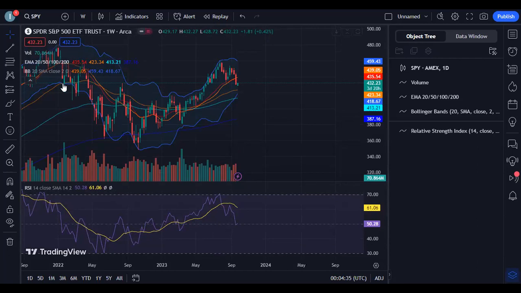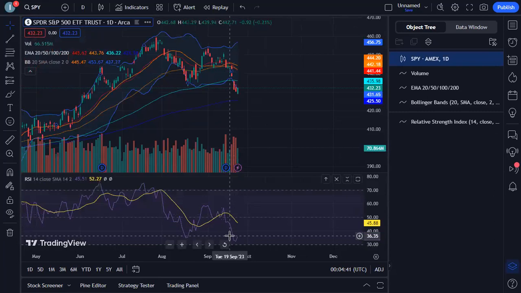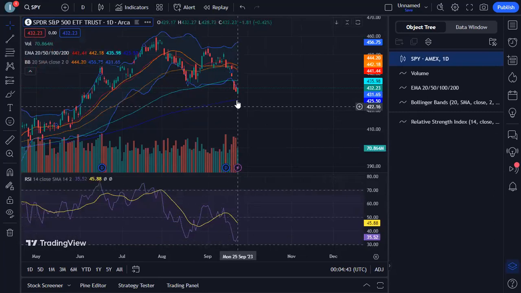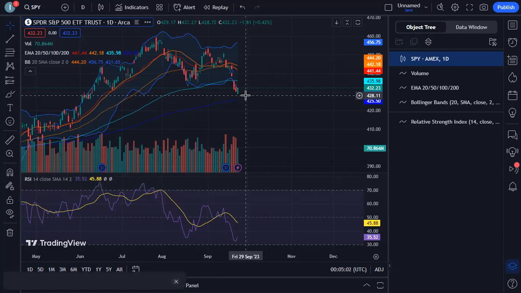So taking a look at the daily, you can see that here we actually got a little bit of an RSI bounce, which explains what's going on today. But I do think, as I mentioned, that we're going to see some more downside and continuation of our overall downtrend until we get our tighter consolidation around the low 420s, and we'll get a bounce back from that area, likely between 419 and 421, which is where we're going to see our likely major bounce to enter our Santa Claus rally heading into Q4.